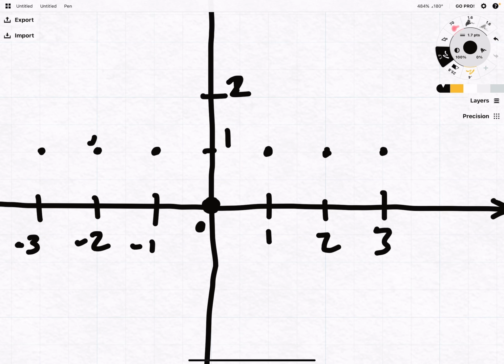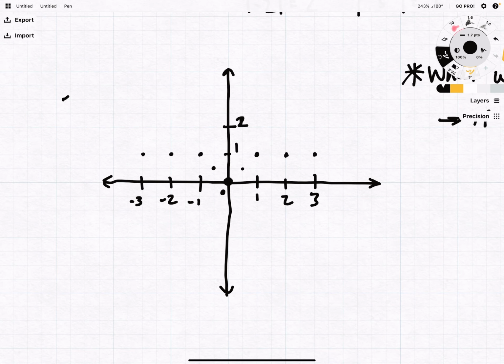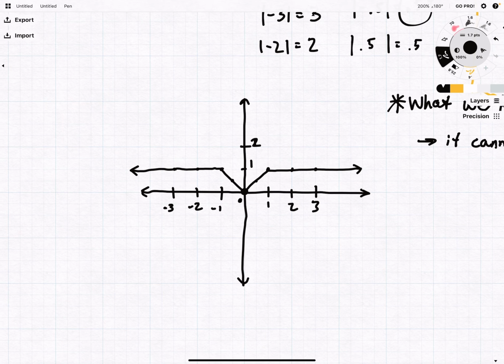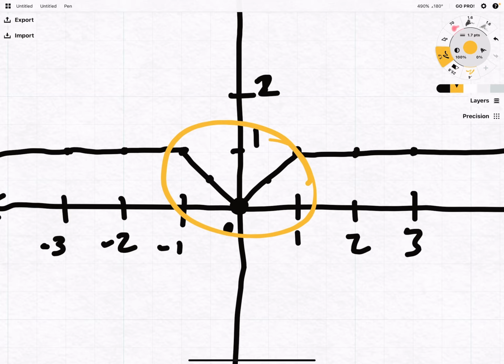Let's put those dots in, and we see the general trend for this function. We get this kind of strange looking graph where it first starts out looking like your standard absolute value function.